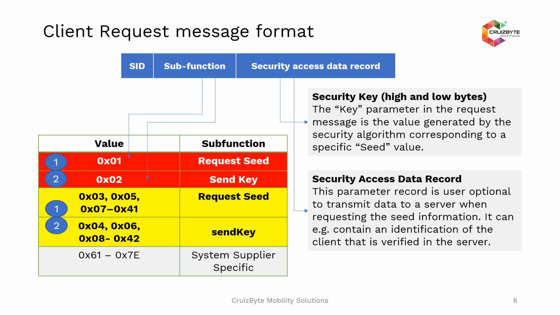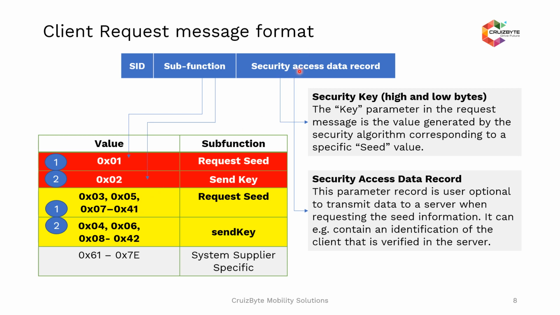The first is the SID value for security access, followed by the subfunction. You can have 01 or 03, 05, 07 and so on.